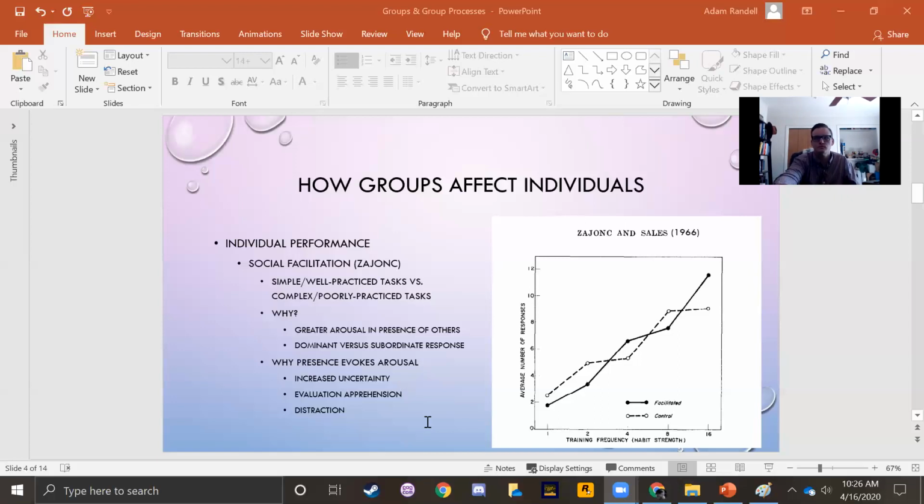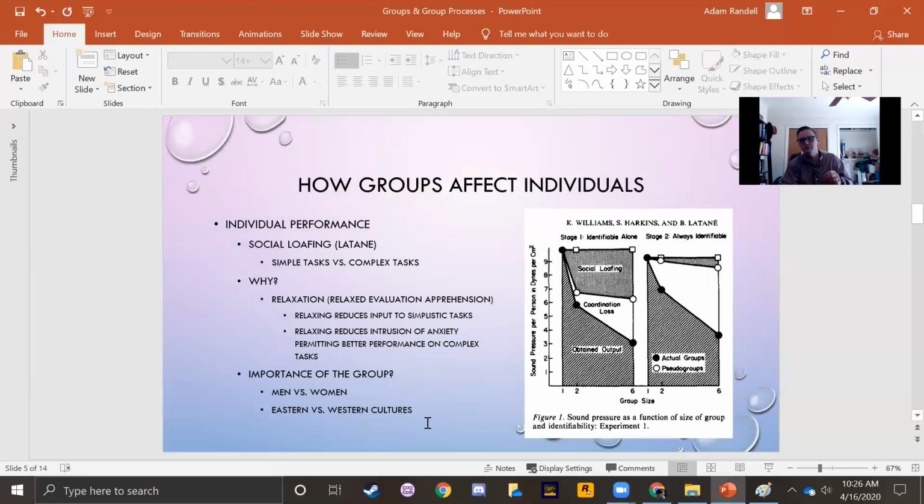Specifically, when people can't be identified, it seems that they tend to socially loaf. When an individual's contribution goes down, it seems that they socially loaf. And so we see an exact flipping of what we saw with social facilitation.